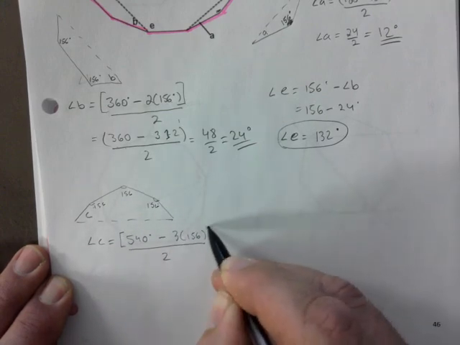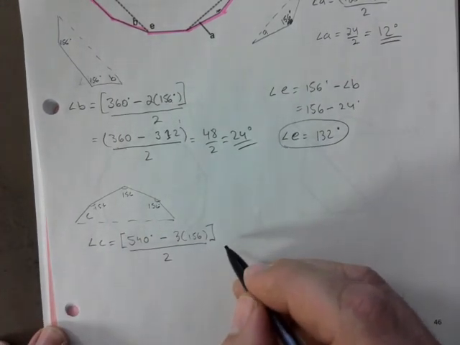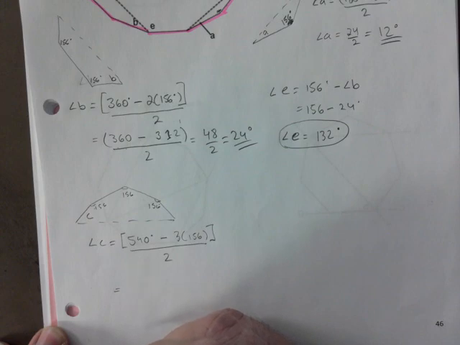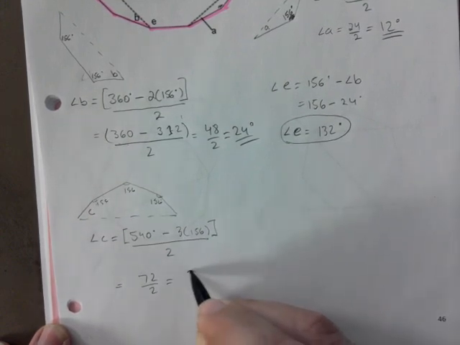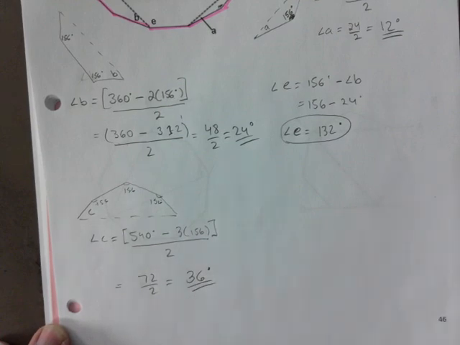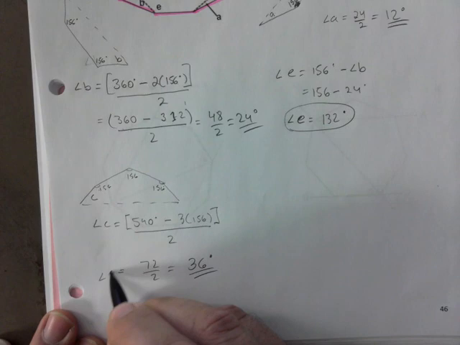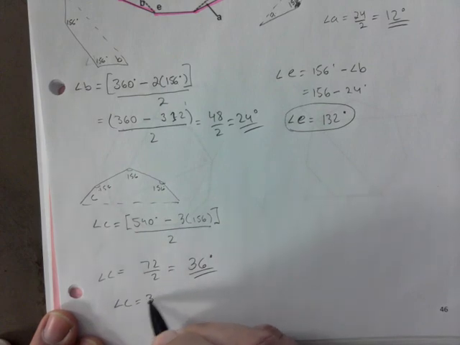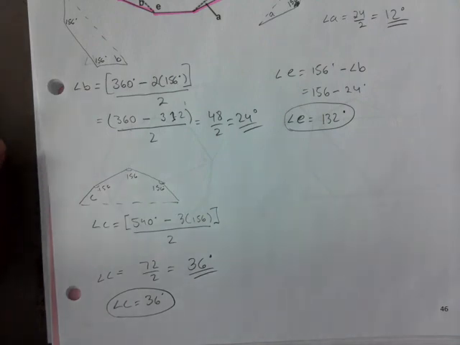Make sure you put some sort of brackets in the numerator, and apparently you get 72 over 2, and that's 36 degrees for angle C. This is angle C. I'm just going to make one more line here. There's 36. So much fun, eh?